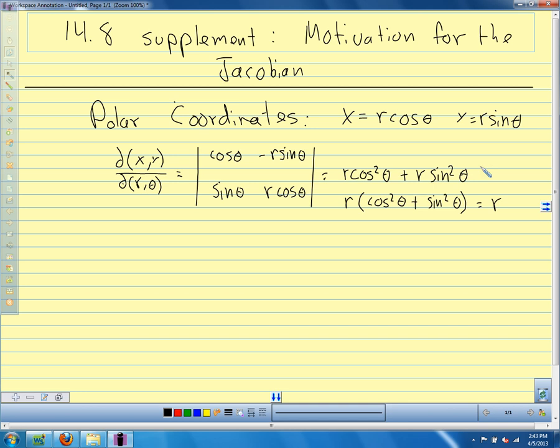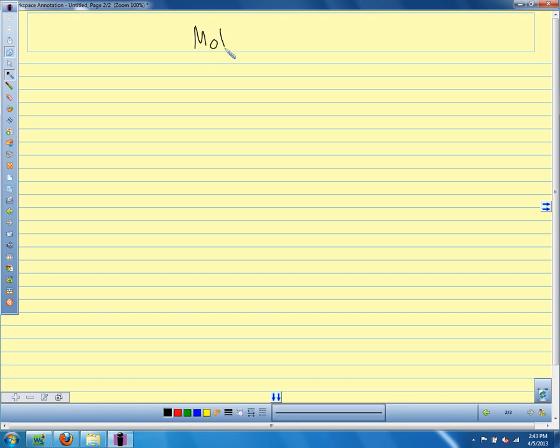All right, now for our motivation. We're going to look at a rectangle in the UV plane. So we've done some kind of transformation. We've got a rectangle in the UV plane. So here's my UV plane.